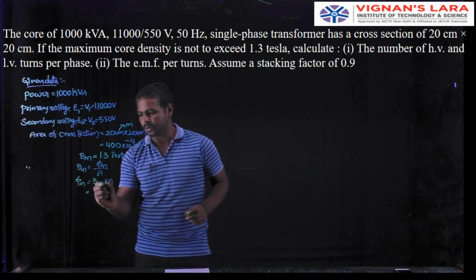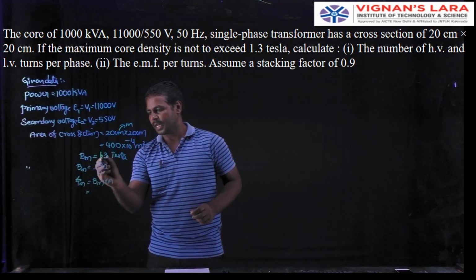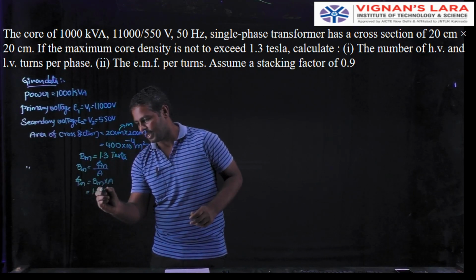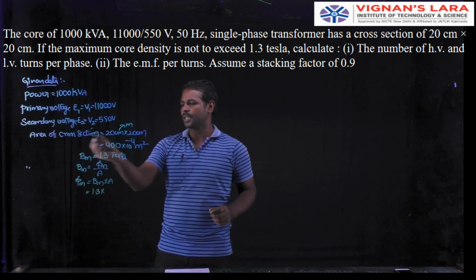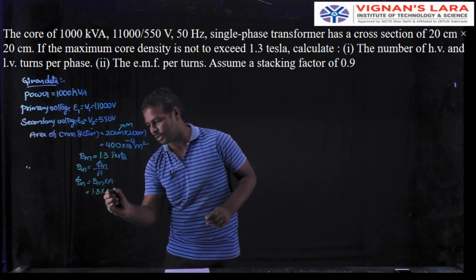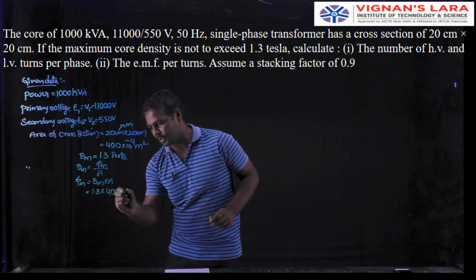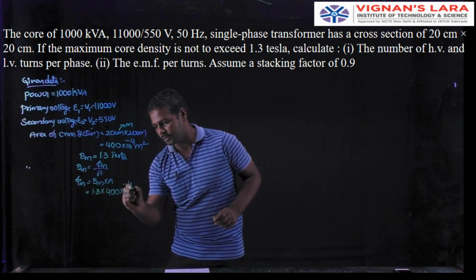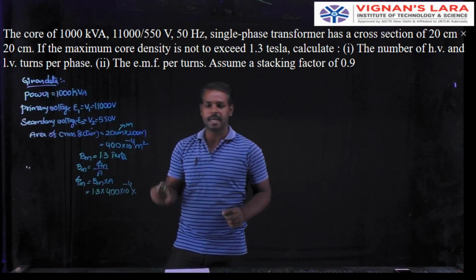Phi m is equal to Bm into area of cross section of a conductor, which is equal to 1.3 multiplied with 400 into 10 power minus 4 multiplied with stacking factor.